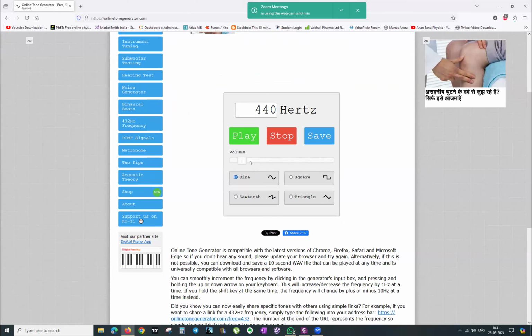This is low intensity. So when I'm changing the volume, it is intensity. But if I make this a high frequency, this is 8,400. Now, initially it doesn't feel much, but it starts feeling weird.